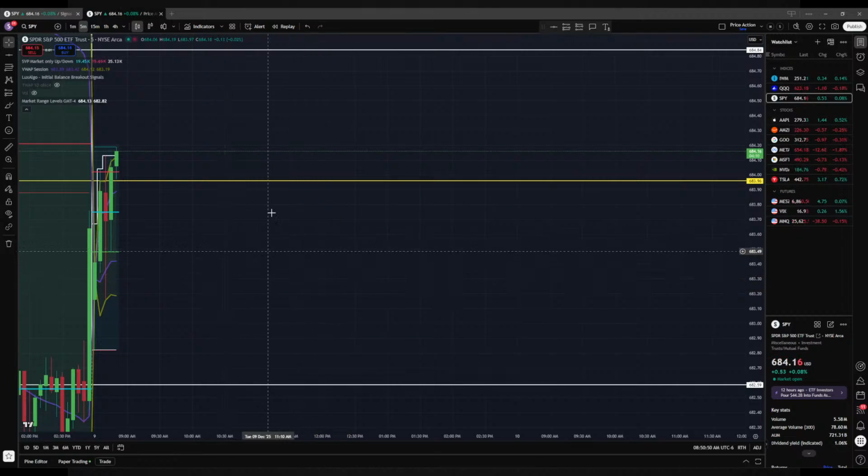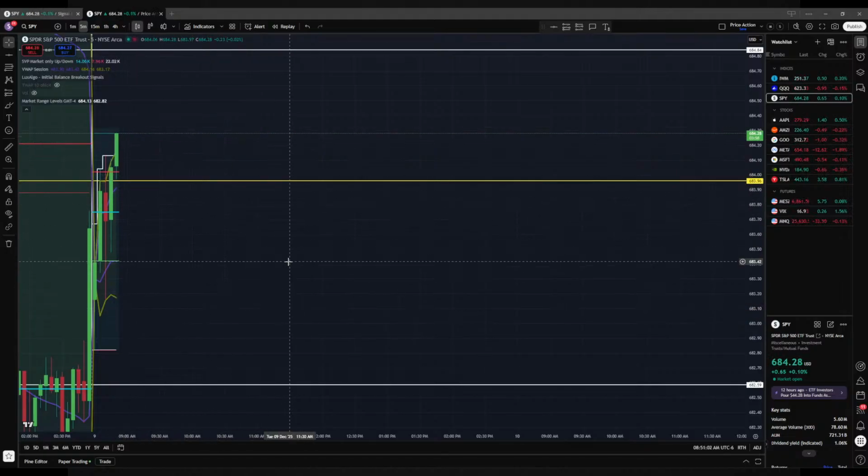It's because it moved. So you've got to use the replay if you go back and recap your trades for the day using this setup, so you can actually see where the levels were when the trade happened.